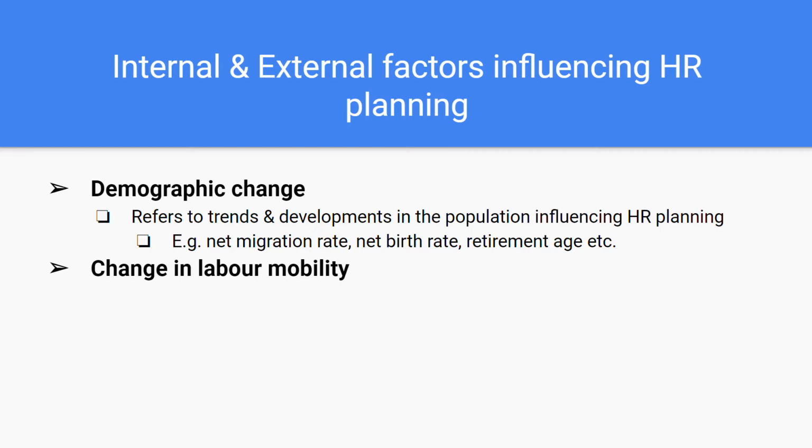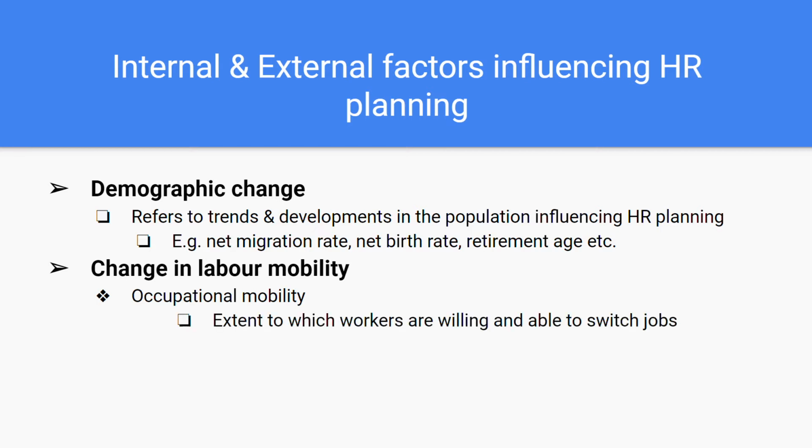The other factor is change in labor mobility, and there are two big terms for this one that you should know. The first one is occupational mobility. So what's occupational mobility? Occupational mobility is the extent to which workers are willing and able to switch jobs. So it talks about two levels in which workers are switching jobs.